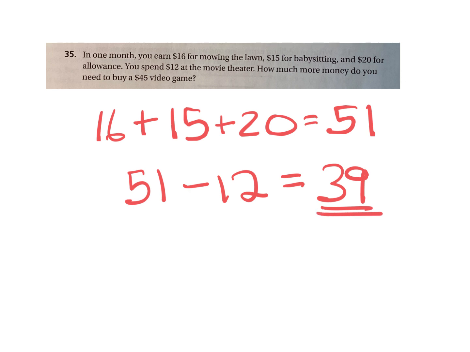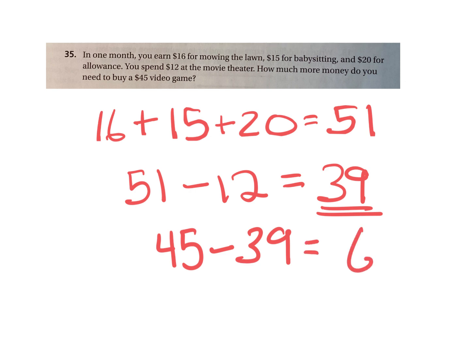Then the question is, how much more money do you need to buy a $45 video game? So I need the 45. I'm going to take away the 39 that I have, and that gets me $6. So I need $6 to get me to 45 so I can buy the video game.